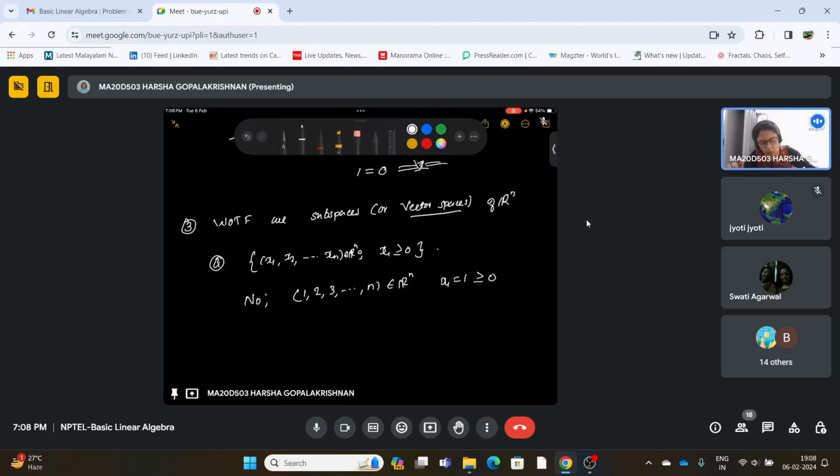So it belongs to, suppose this is V, our V. Now what she is saying is, if we multiply with -1, what will we get? (-1, -2, etc., -n). Will it belong to V? No, right? It does not belong to V, because -1 is strictly less than 0. It does not satisfy this condition, the first element greater than or equal to 0.